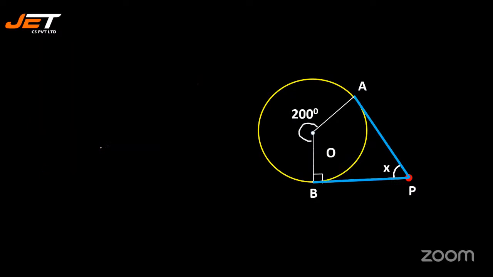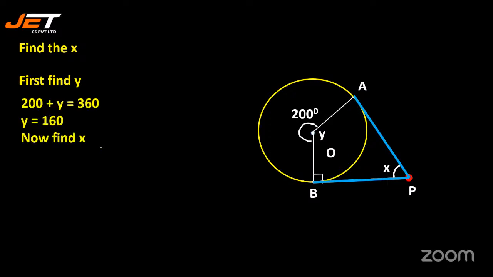All right. Now see the next question here. We are asked to find out the value of x. Right. So for that, we need to first find out the value of y. And then we'll find out the value of x.